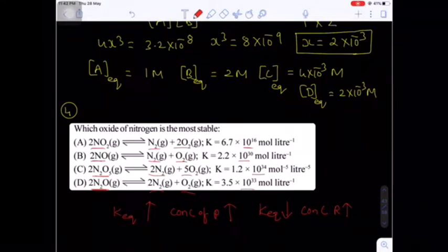That means the equilibrium is very difficult to go forward, almost reactants are present. Reactant means nitrogen dioxide. That means option A, the first option. Are you getting my point? This is the decomposition reaction. Remember, if the K equilibrium is very small, then the concentration of reactants will be maximum. If the K equilibrium is very large, then the concentration of products will be maximum.